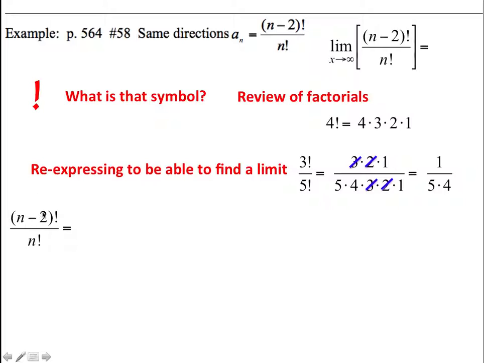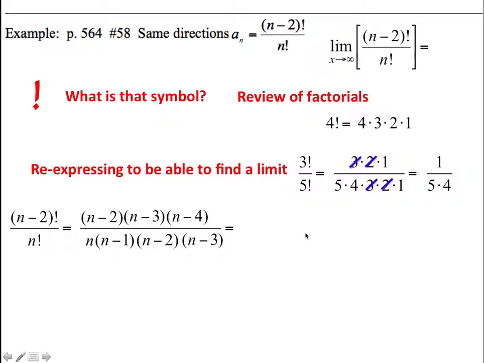So looking at n minus 2 factorial over n factorial, we can re-express n minus 2 factorial if we think about this: 3 factorial is 3 times 1 less than 3, times 1 less than that. So if I set up the top here, then n minus 2 factorial must be n minus 2 times n minus 3 times n minus 4 times dot, dot, dot, and so on and so forth. And n factorial is going to have to be n times n minus 1 times n minus 2 times n minus 3, and it goes on and on as well.